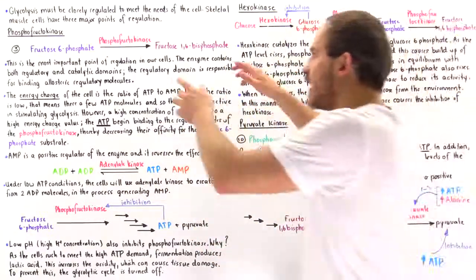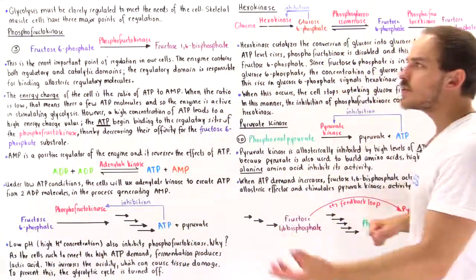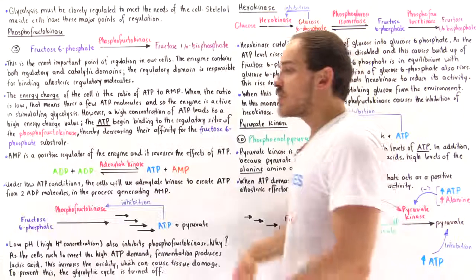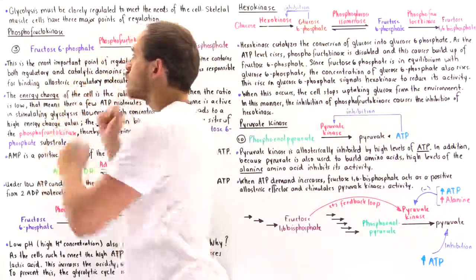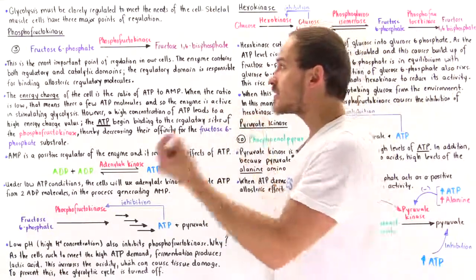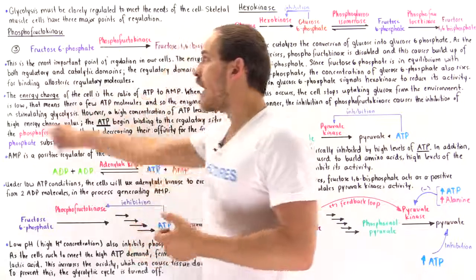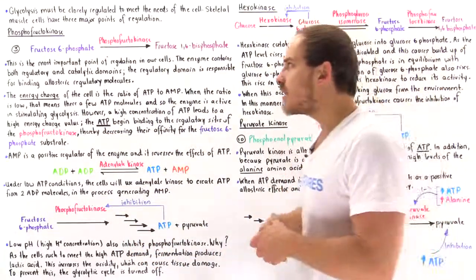Now, if we study the structure of phosphofructokinase, we're going to find catalytic regions and regulatory regions. The catalytic regions basically contain the active site that binds this substrate, fructose 6-phosphate, but those regulatory domains contain the sites that an allosteric molecule or molecules can actually bind to. What are these molecules?